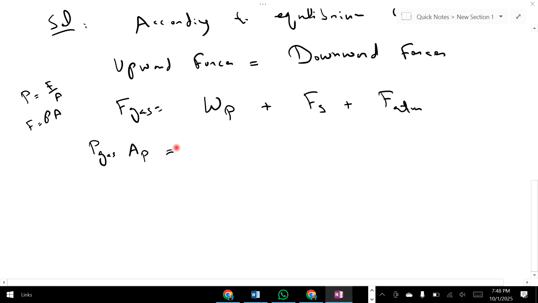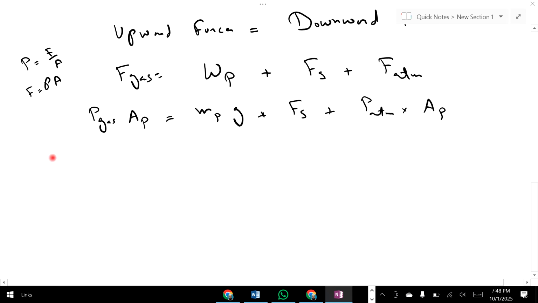Similarly, weight of piston is equal to mg, mass of piston multiplied by acceleration due to gravity. Force of spring is given to us, and atmospheric force is equal to atmospheric pressure multiplied by area of piston, because atmospheric force is on the area of the piston.